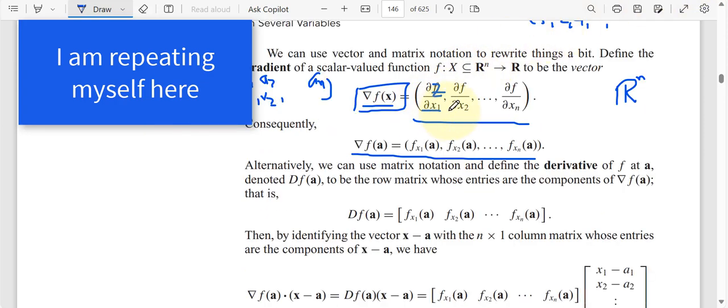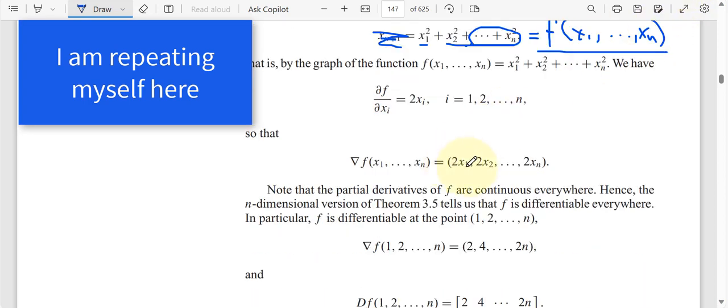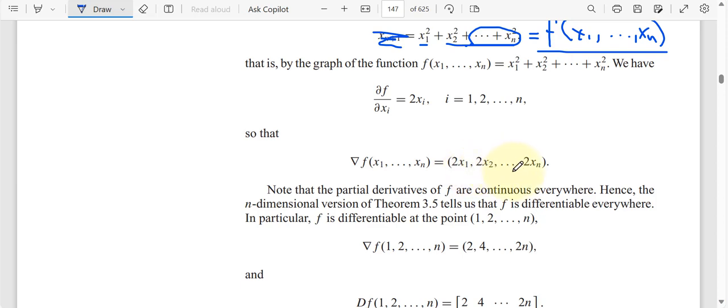So now we have all of them, and we can just dump them in here, and that's going to be our gradient. So let's do that. It's 2x1, 2x2, all the way up to 2xn. That is called the gradient of this function. We can call this function f, or I guess we can call it z, and that is the gradient of, let's say, f.